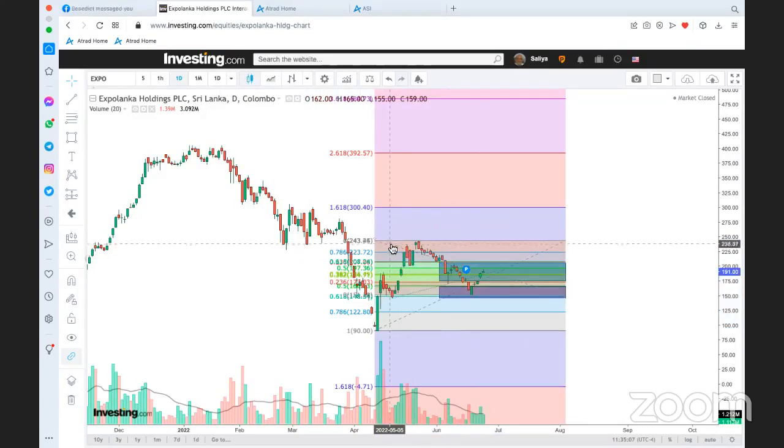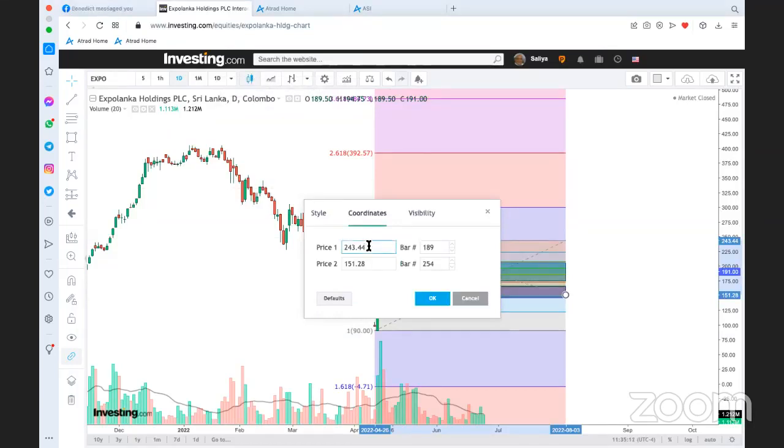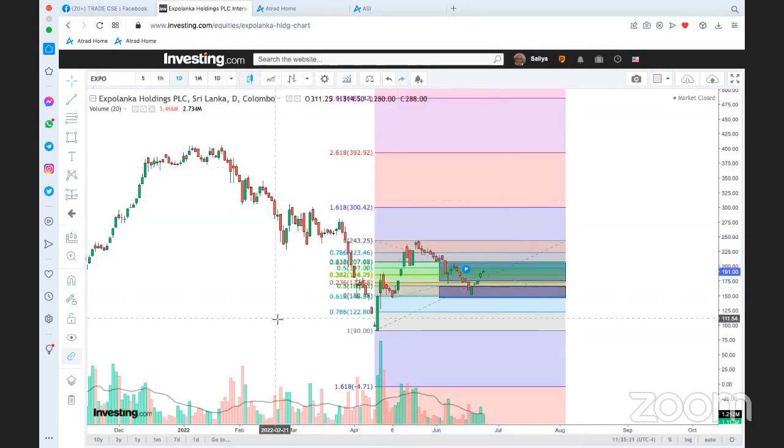So this is 243.25. Here it's 150.75. Right? You might see some lines are overlapping. Like over here, there is an overlap. Then here also you have an overlap. If that is the case, you could have used this level rather than this area.